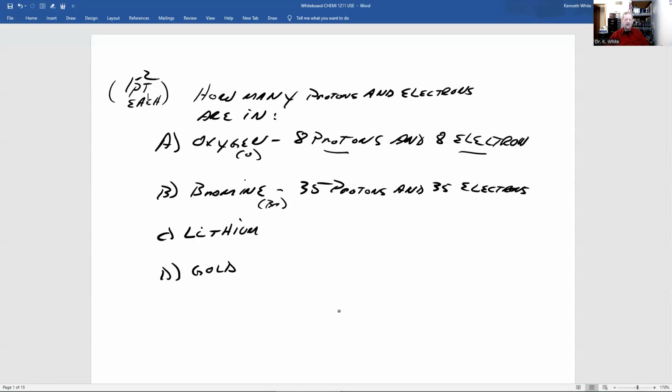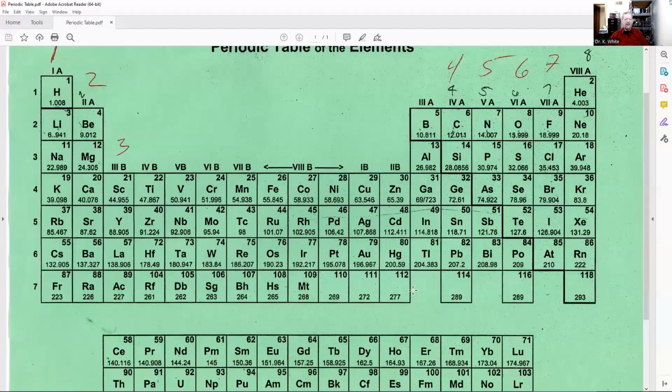Next one is lithium. You know something? I better share the fun. So here's your periodic table. I'll give you time now to figure out how many protons and electrons lithium has.